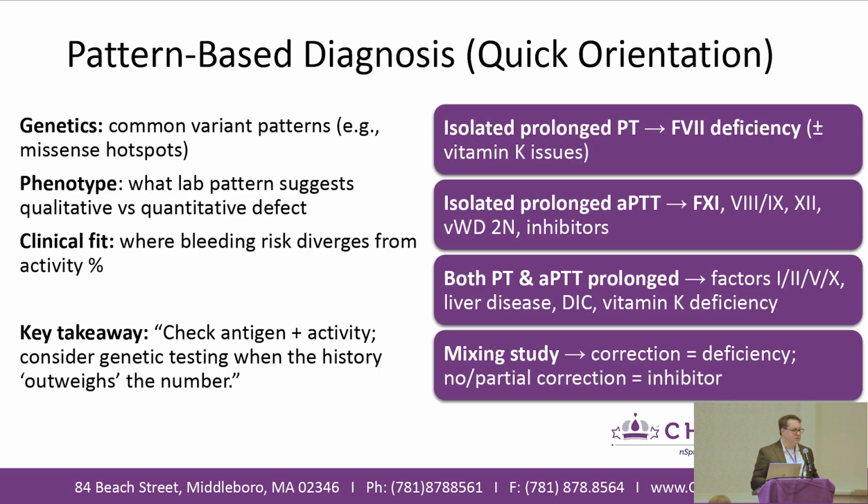Or vitamin K deficiency, whether you're on vitamin K antagonist like warfarin, or you are not getting enough salads. And I mentioned the mixing study already, so we won't get into that more.